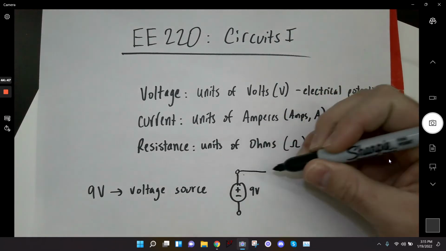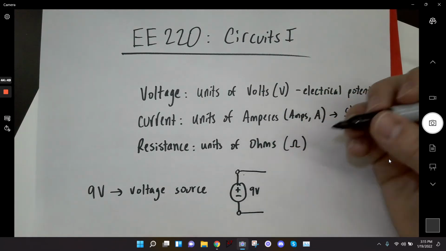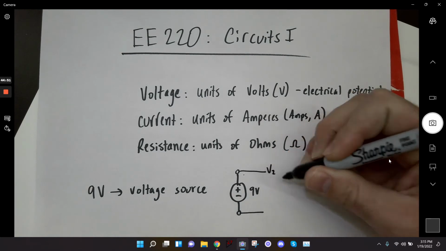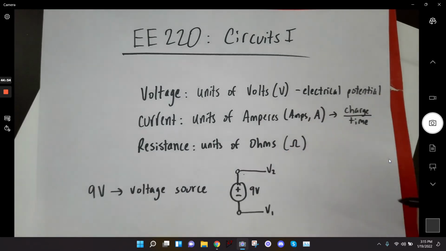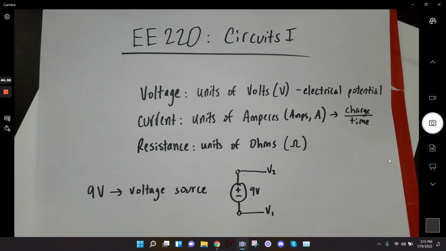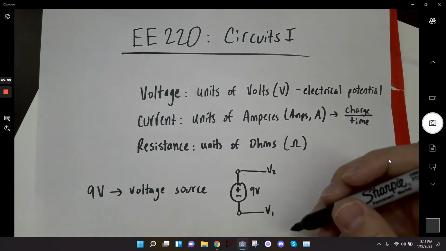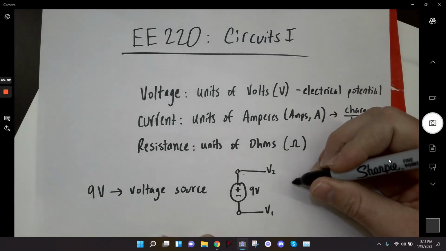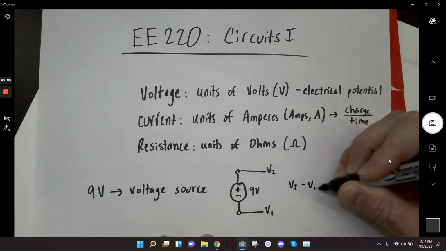Okay? So that means I'm going to call this, just a variable, voltage 2, and I'll call this voltage 1. The difference in voltage between the 2 points is 9 volts. That's what a 9-volt battery is. Okay? So, if I took V2 minus V1, I would get 9 volts.